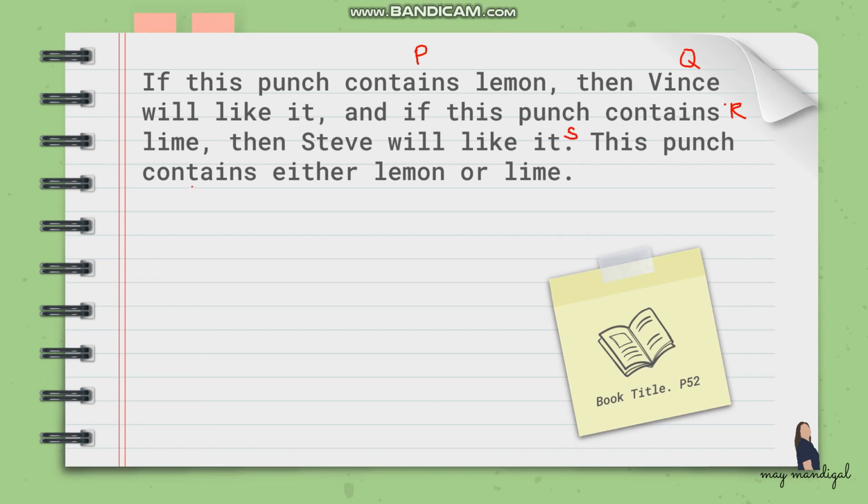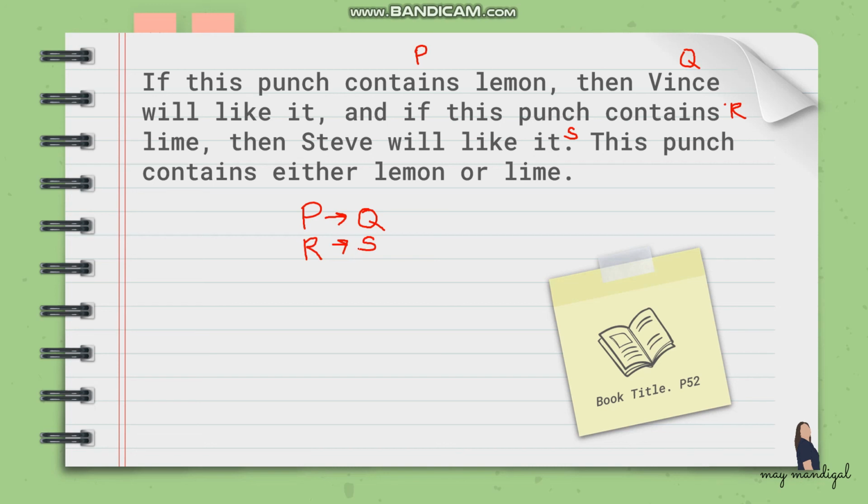This sponge contains either lemon or lime. So let's write now the propositional form. If this sponge contains lemon, so that is P, then Vince will like it. Another one, if the sponge contains lime, so let's say R, then Steve will like it.